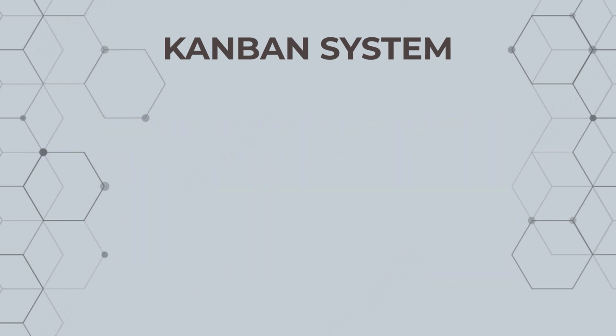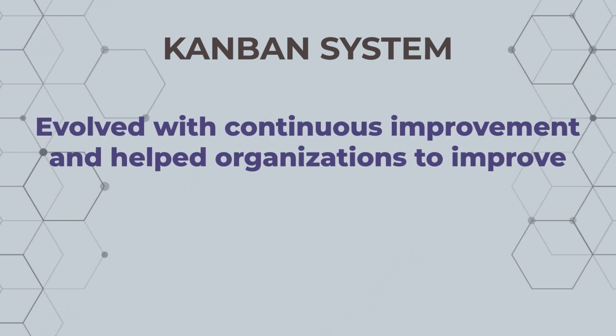But over decades, Kanban has evolved on the principles of continuous process improvement and has helped organizations identify areas for improvement and make sure the tasks are completed within a certain time frame.